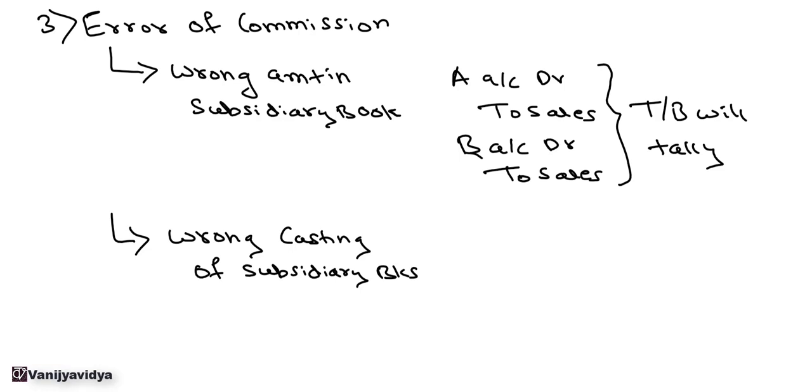So your debtors account is reflected properly, but the sales account is not reflected properly to the extent of 10,000. So now if you make a trial balance, there will be a difference of 10,000. So because of this wrong casting, the trial balance will not tally.